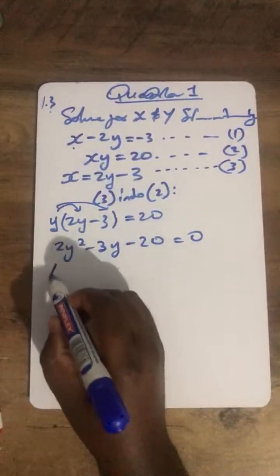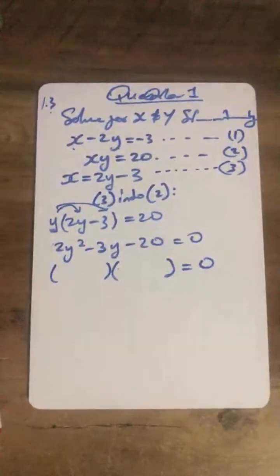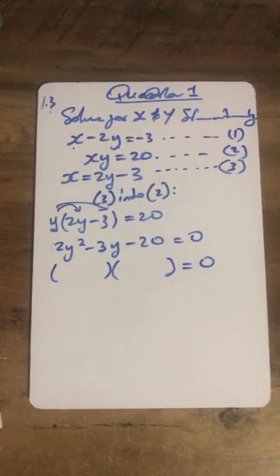And then what you need to do now is to factorize. I hope you are well aware that when you factorize, you can just use the quadratic formula. I think it is the easiest, especially since you need to work these things out as quickly as possible and then move on.